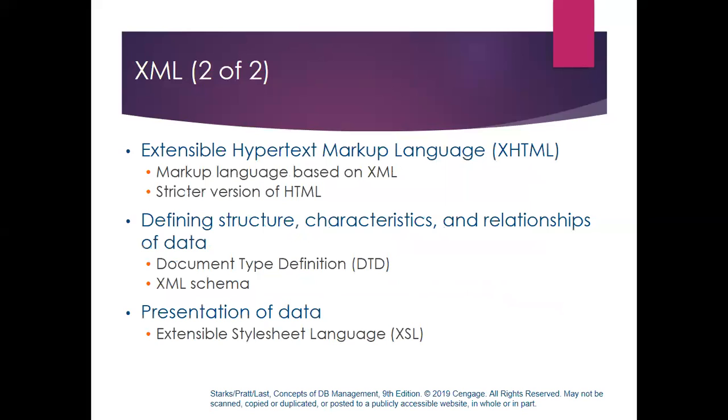Document type definition and XML schema define the structure, characteristics, and relationships of data. The presentation aspects of an XML or an XHTML document can be described by style sheets. The Extensible Style Sheet Language, XSL, is a standard language for creating style sheets for XML documents.